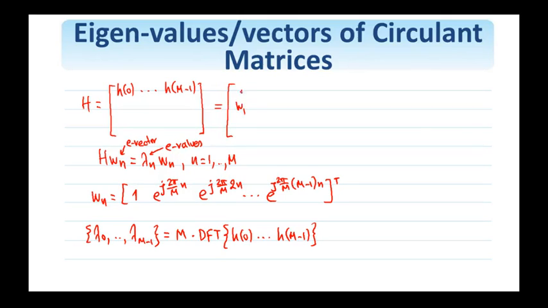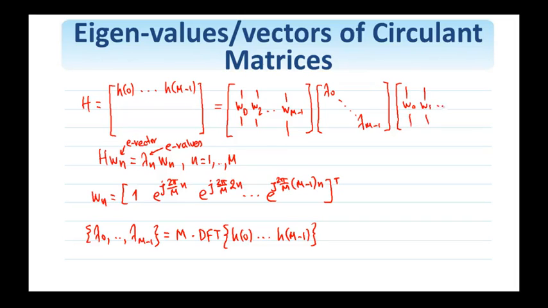I put the eigenvectors here as column vectors of the matrix. The eigenvalues become the diagonal elements of a diagonal matrix. This matrix W is invertible.